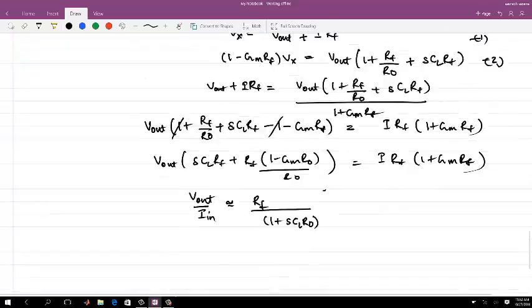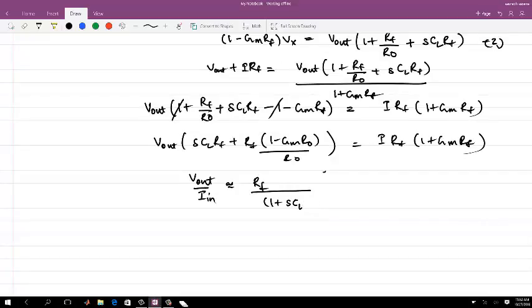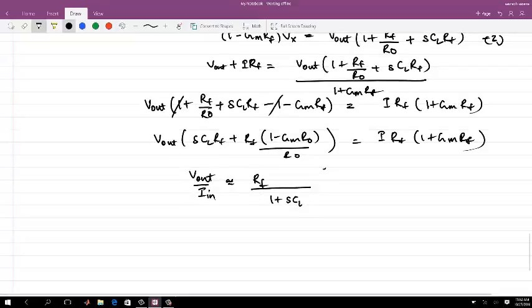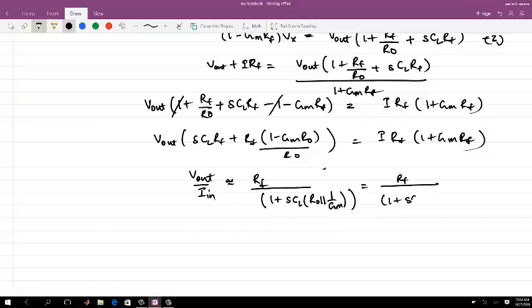So here you have RO in parallel with 1 over GM, right? This is what it will be. Now it depends which is greater and which is smaller. If 1 by GM is much smaller than RO, then this will turn out to be RF by 1 plus SCL over GM. It becomes independent of RO.